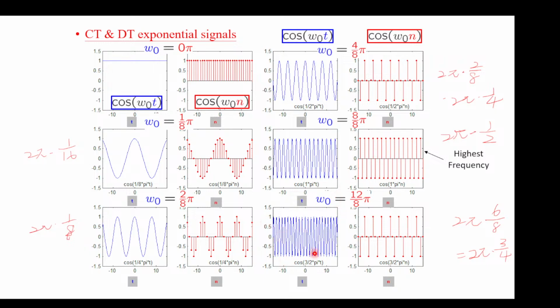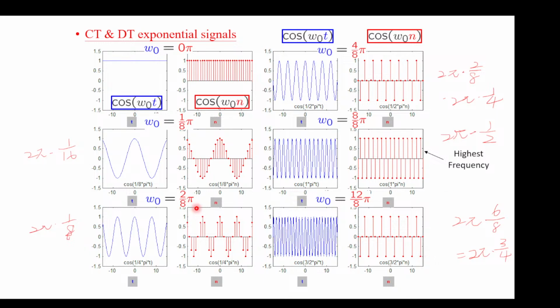The omega naught value is higher, and for continuous time your frequency is higher. But because you have finite sample points, your period actually becomes 4 instead of 2, the same as this. And your signal is again 1, 0, minus 1, 0, 1, 0, minus 1, 0.